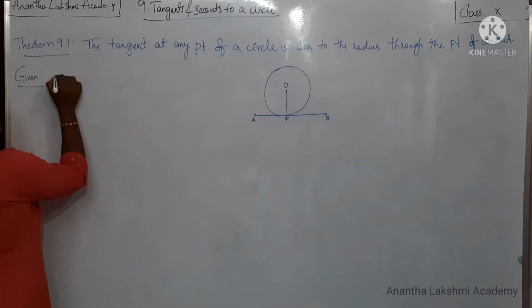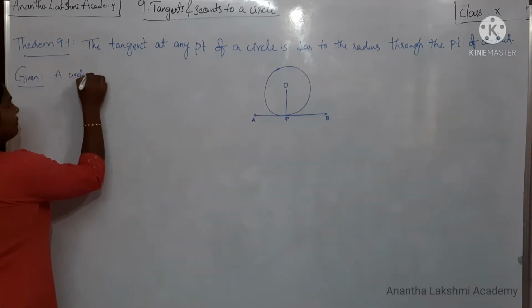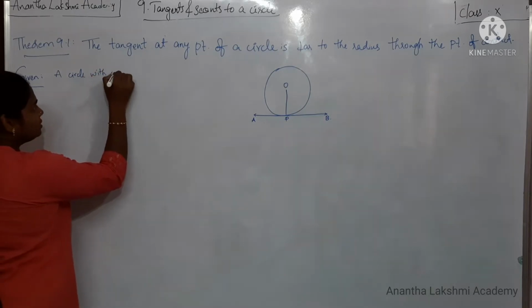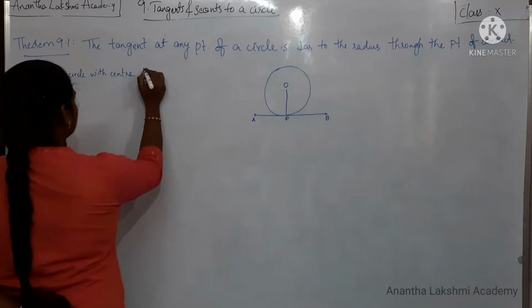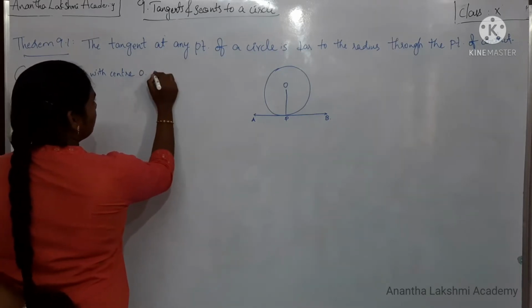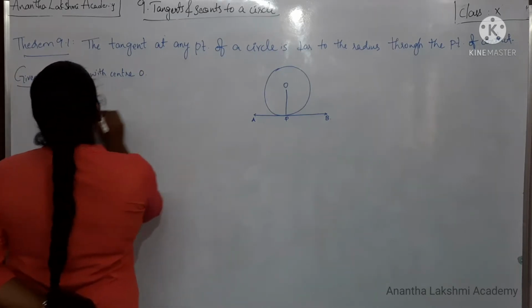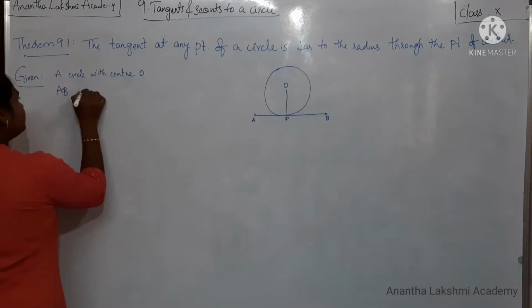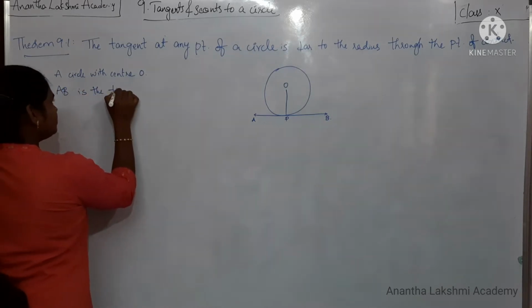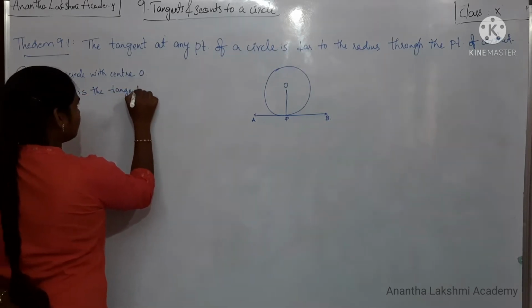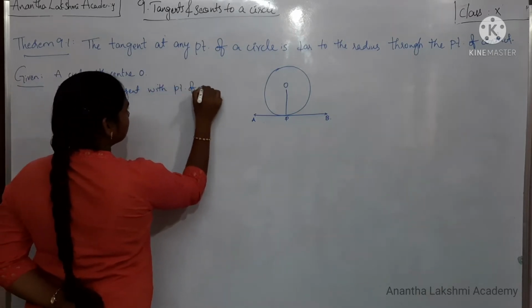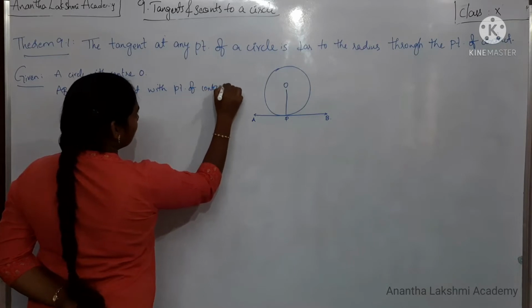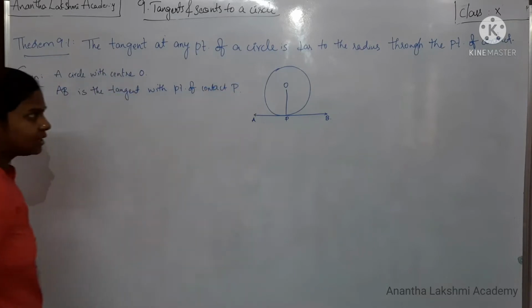So a circle with the center O and AB is the tangent with point of contact P. Point of contact is P.